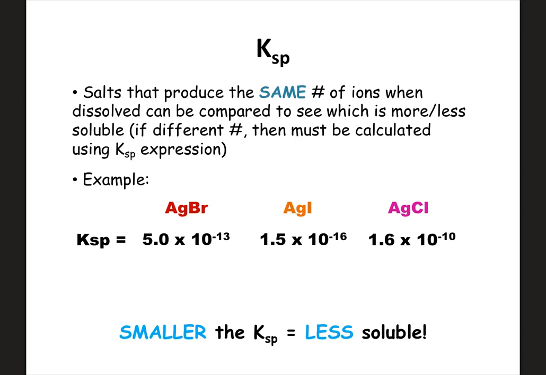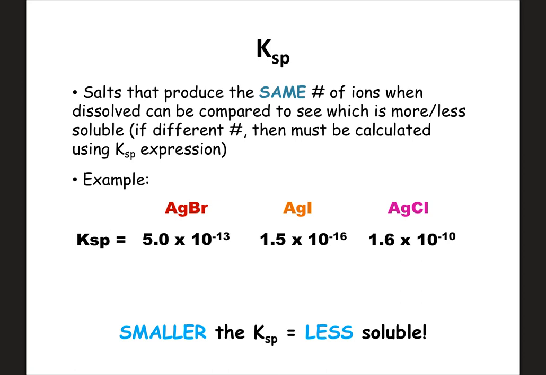If you have a different number of ions forming for the substances, then technically you'd have to calculate this using the Ksp expression. But basically, if the substances have the same i value, if you remember i value, the van't Hoff factor, you can just look at Ksp values and figure out which substance is more or less soluble. We know here that a smaller Ksp value will make a substance less soluble.